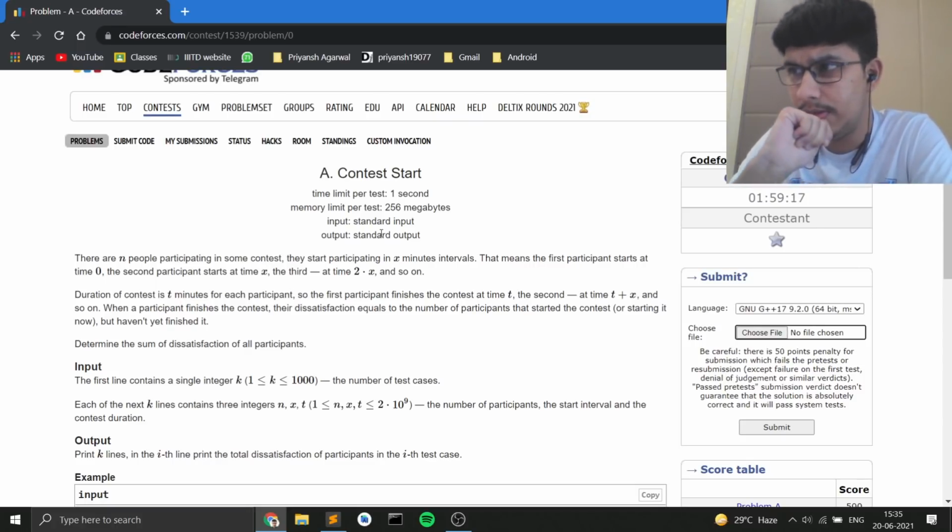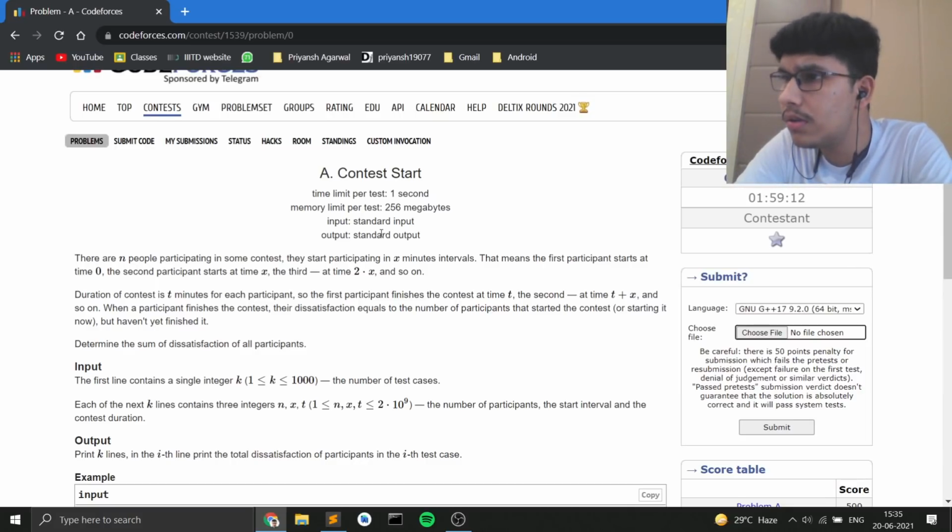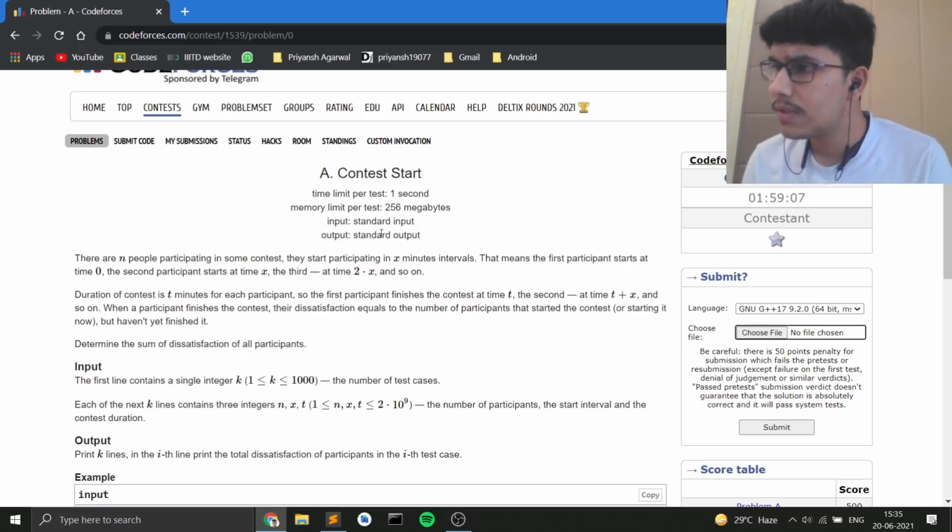What do they mean by this? The first participant starts at 0. The second at time x.